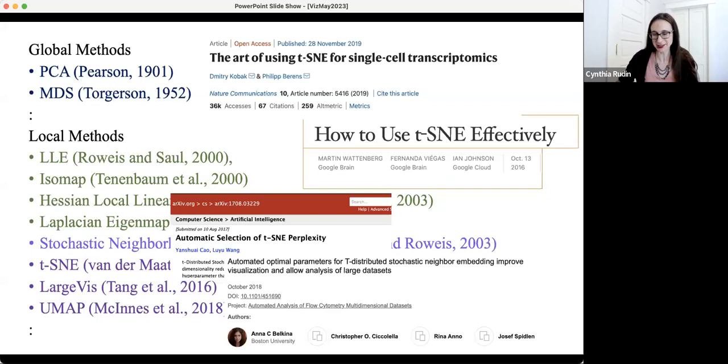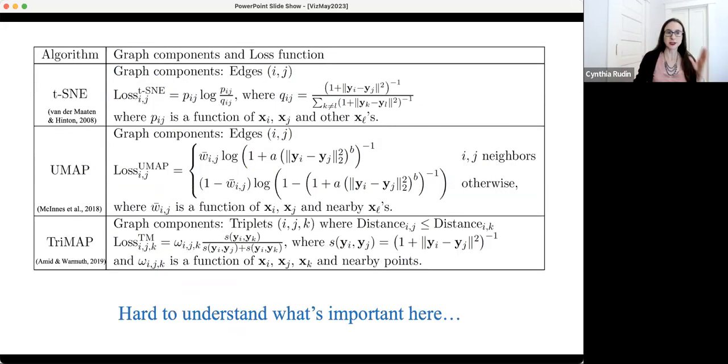It's a little cottage industry of figuring out how to tune the parameters, which you wouldn't need to do if the methods worked correctly. When we started working on this problem, we wrote down all of the equations for all the methods right next to each other and tried to figure out what they are doing. So we put all the equations for all three methods, t-SNE, UMAP, and PaCMAP.